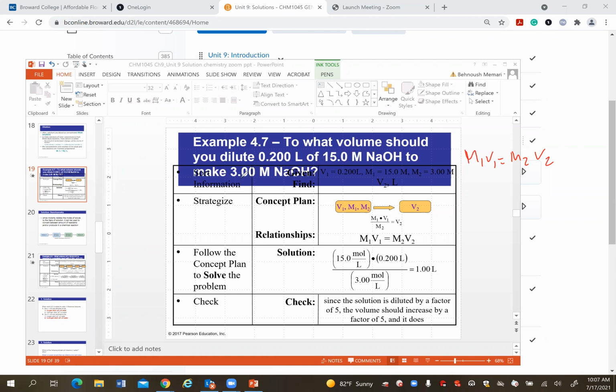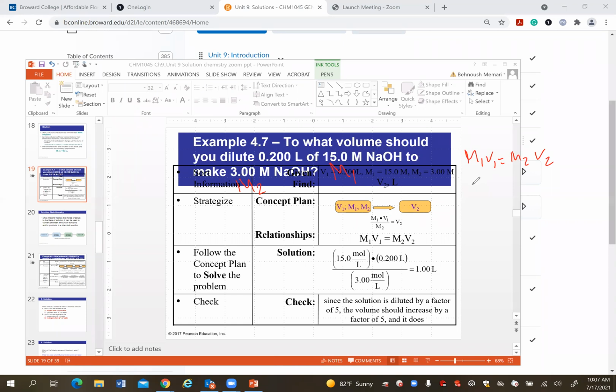15 molar going to 3 molar, so 15 molar is M1 and 3 molar is M2. So I already know the value for M2 is 3, and the value for M1 is 15.